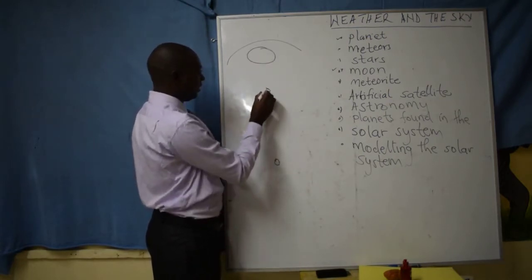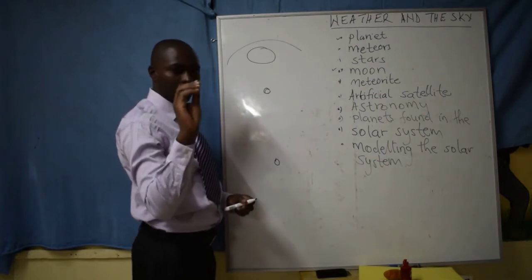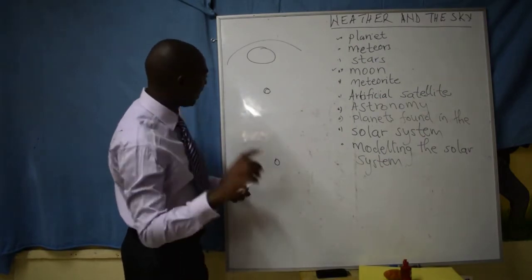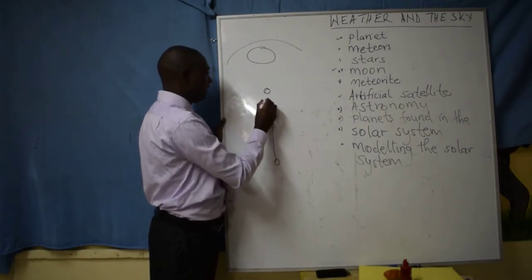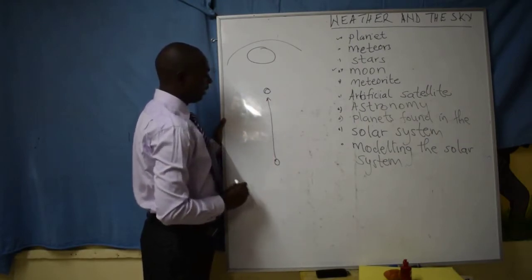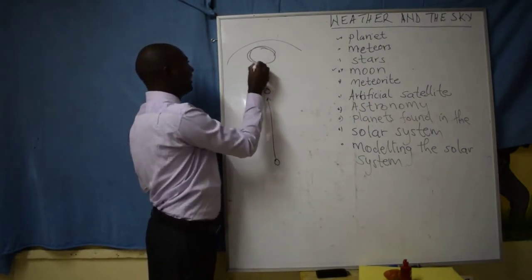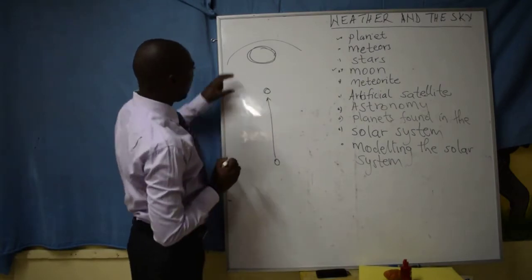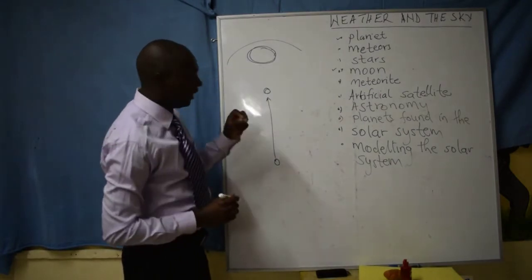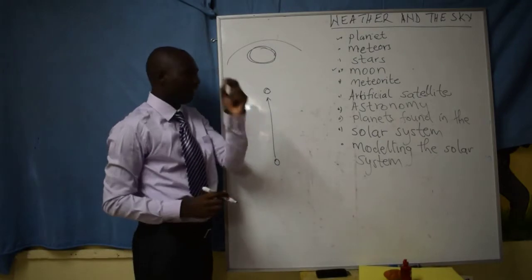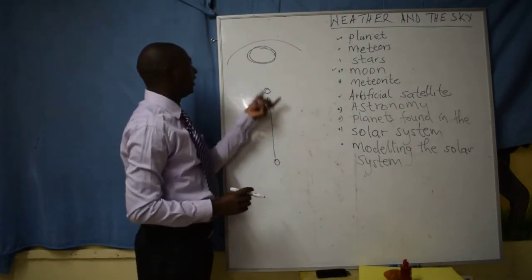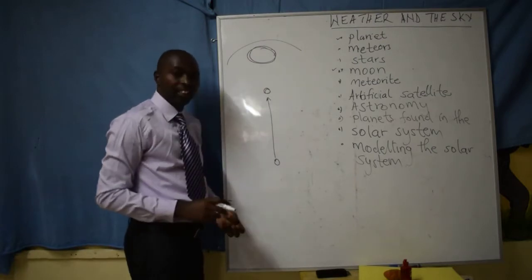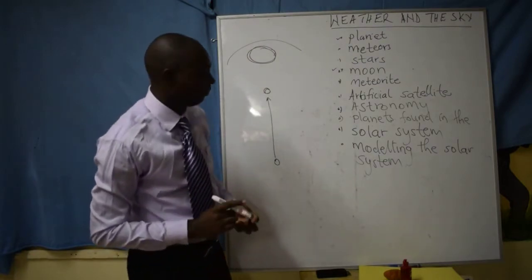The color of the star, or the twinkling of the star, depends, number one, on the distance from the earth, number two, the size of the star, and number three, the temperature. There are three things that define the twinkling of a star. One, I've said, is the distance from the earth, two is the size of the star, and number three is the temperature of the star.